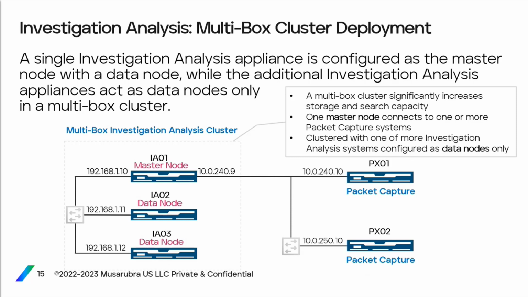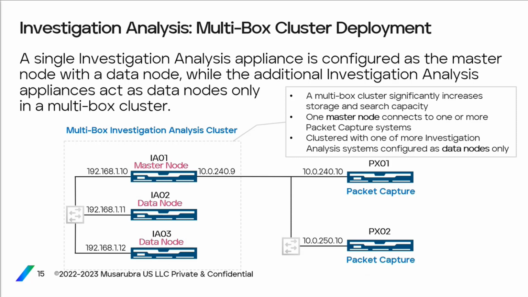Okay. So in this configuration, the other investigation analysis appliances that make up the multi-box cluster can only contain data nodes, and that are used to store and search metadata. That's it. They do not have the functionality of managing these other IA systems and packet capture systems and distributing the load between the other systems.